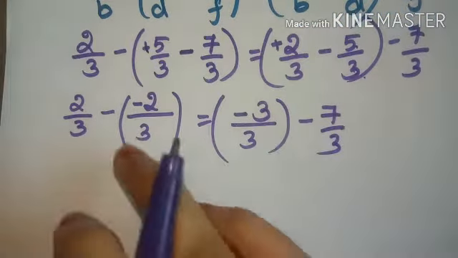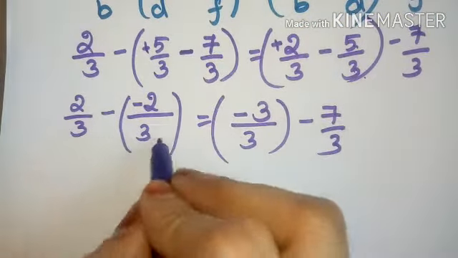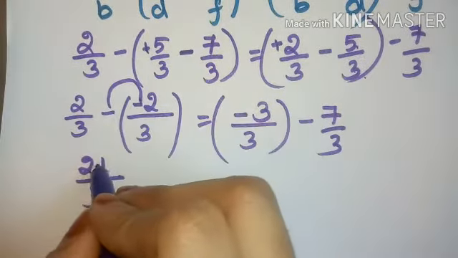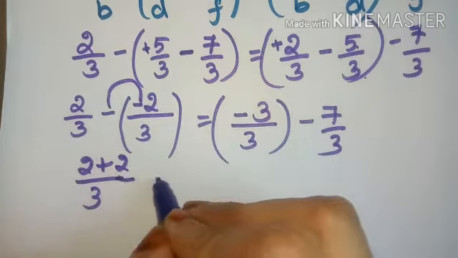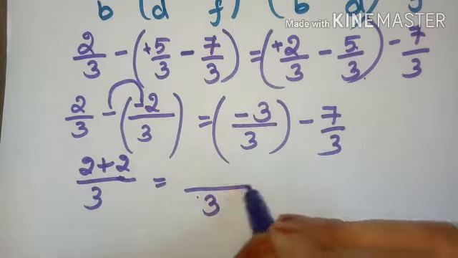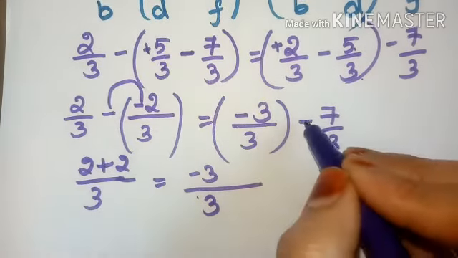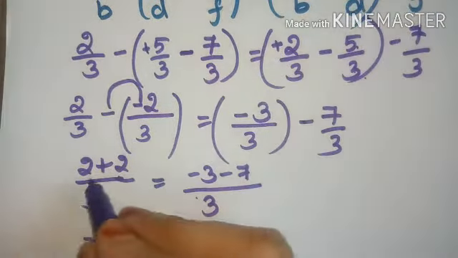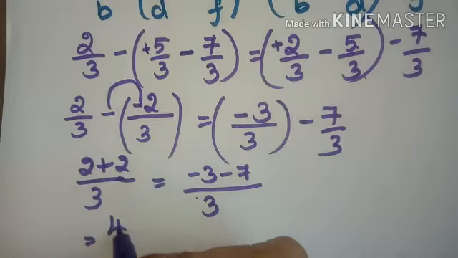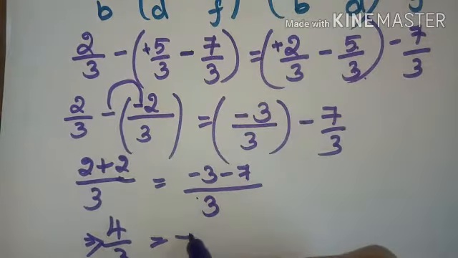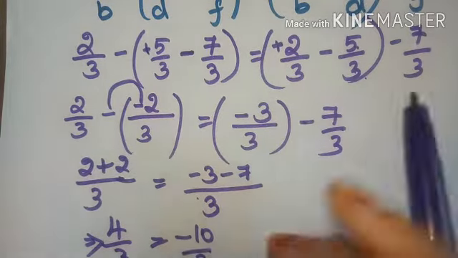Next we have to solve with the non-bracket term. 3 same. 2 minus into minus plus 2, so 4 by 3, equal to minus 3 minus 7, minus 10 by 3.